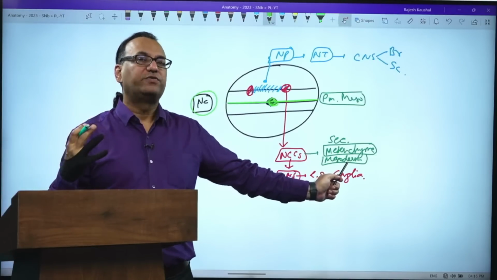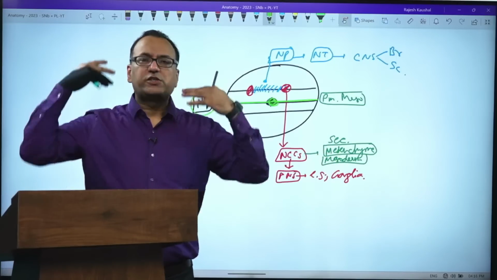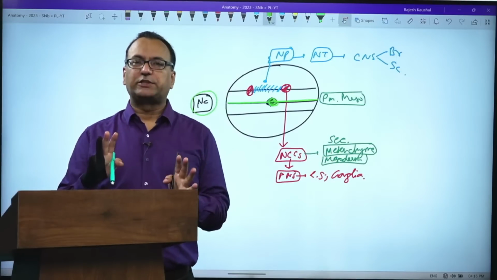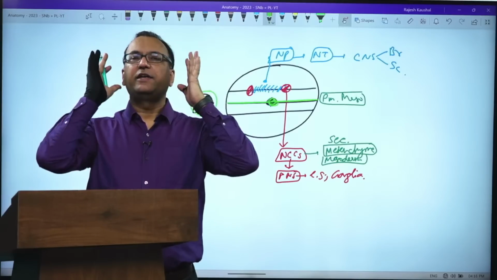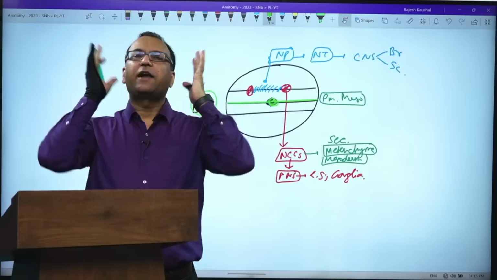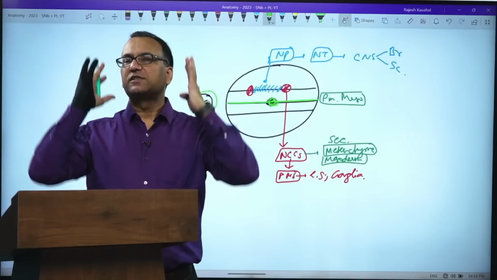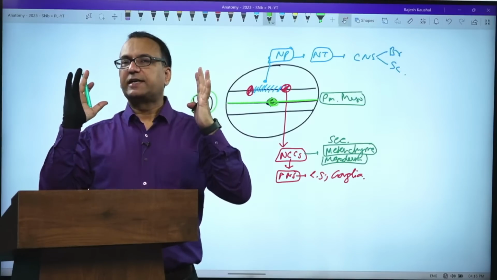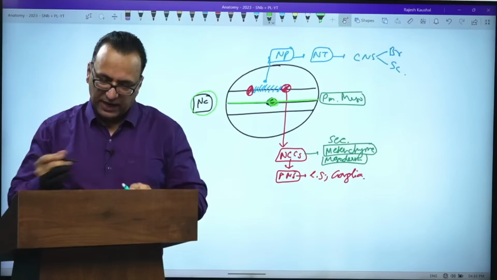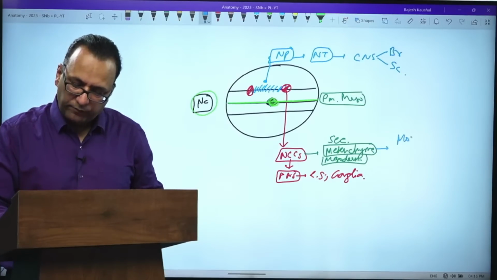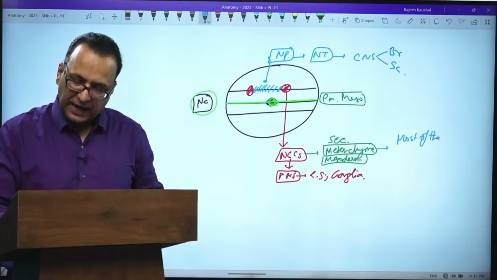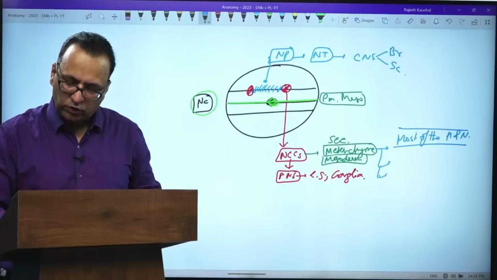What is the importance of this secondary mesenchyme? See, most of the body will have primary mesoderm except certain places like the anterolateral aspect of the head and neck region. In the anterior and lateral aspect of the head and neck region, it is mostly secondary mesenchyme. Now once we mention that secondary mesenchyme is forming most of the head and neck mesenchyme, what will it be contributing towards?